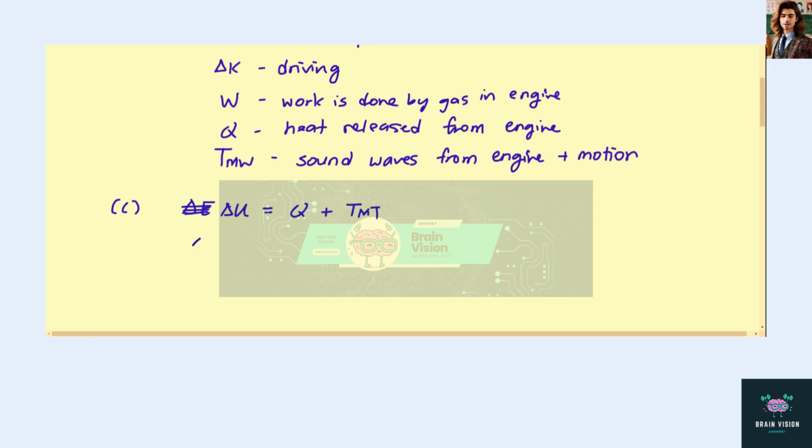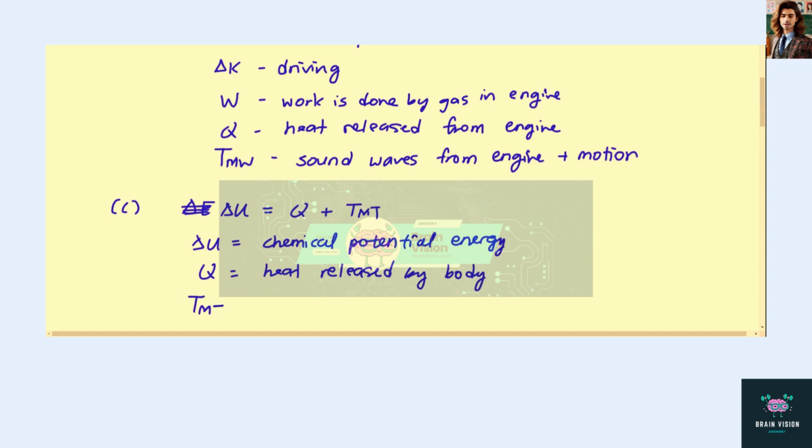Delta U is the chemical potential energy from the food, which you increase, and Q is the heat released by the body. The TMT is the energy taken in from food.